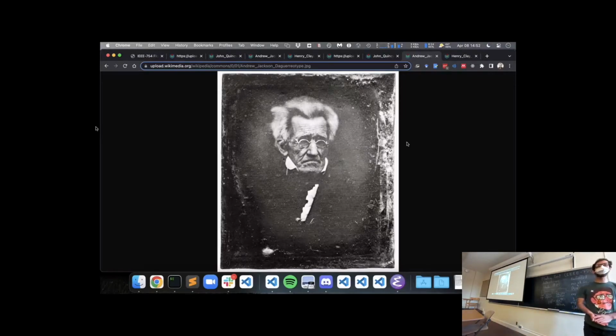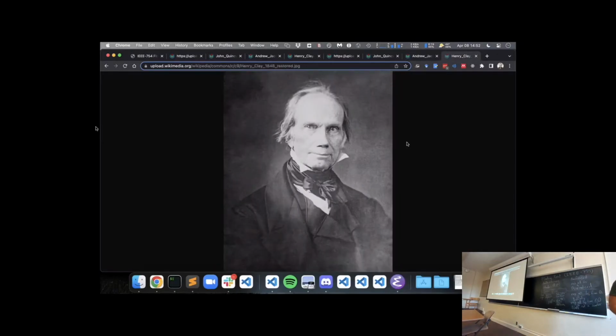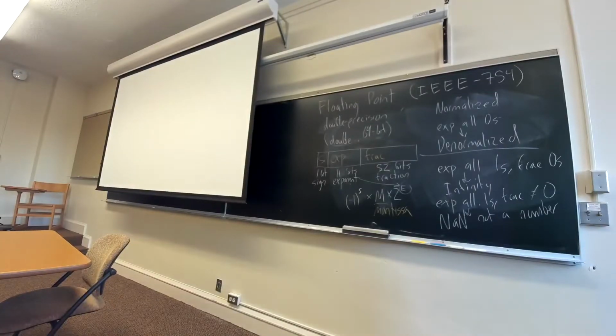He had a lot of war injuries. He was not a super healthy guy when he was president. And then here's Henry Clay, looking a lot different several decades later. Passage of time. All right, that's our U.S. history for today. All right, get out of here.